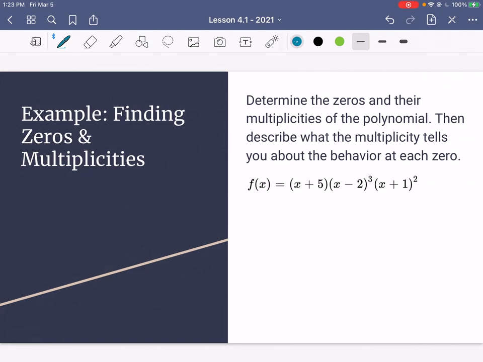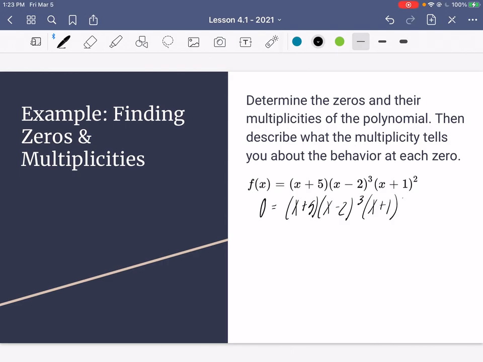So let's take a look at this example. We're going to determine the zeros and the multiplicities of the polynomial and then describe what the multiplicity tells you about the behavior at each zero. If we find the zeros here, a lot of times you can start to do this in your head if it is already in factored form like it is here.